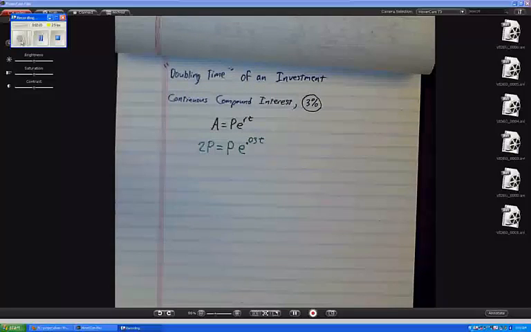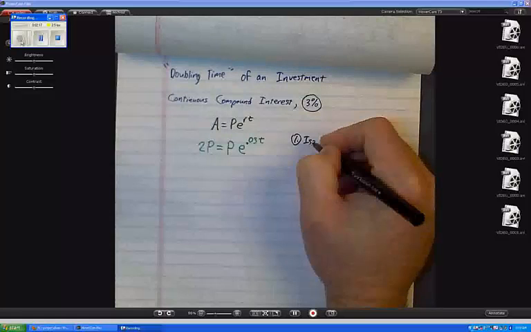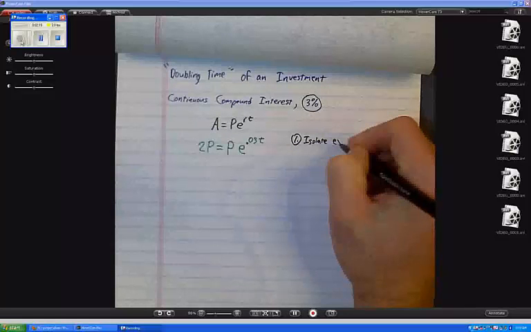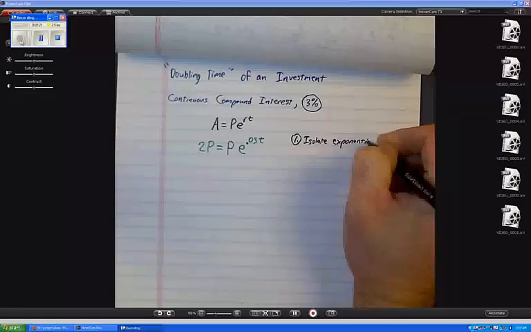Because think about what variable am I trying to solve for? t, the time, okay? And of course, what I have to do, remember, step 1 for solving an equation like this is I want to isolate the exponential function. So how do I do that for this problem? That's right.